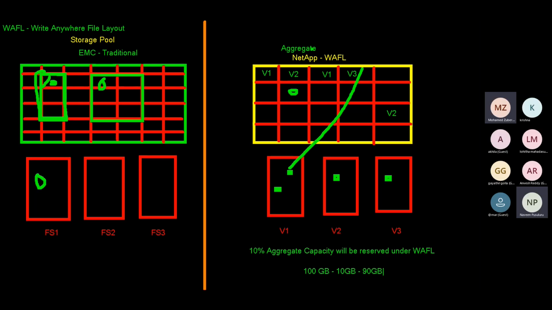WAFL will maintain the metadata of your aggregate in that 10% reserve. Metadata is nothing but configuration data related to your aggregate and the data you are hosting on top of that aggregate. We call that metadata. WAFL configurations, everything, will be stored in that 10% reserve.